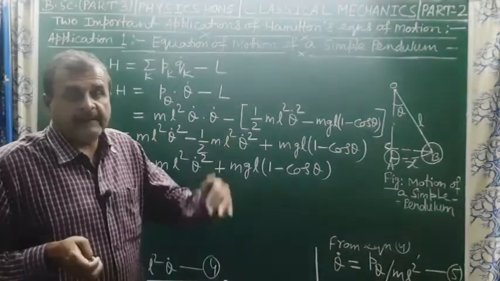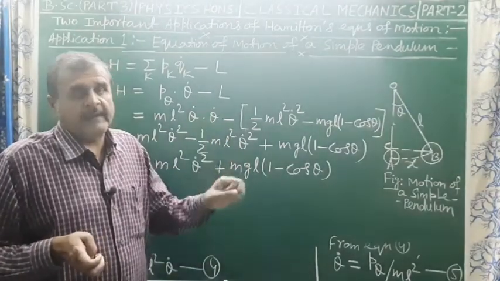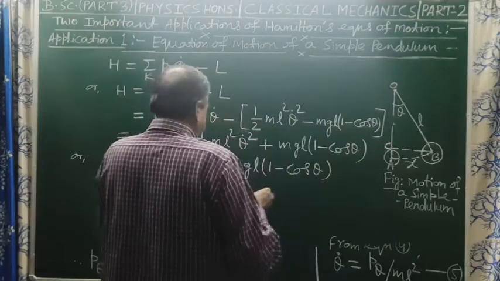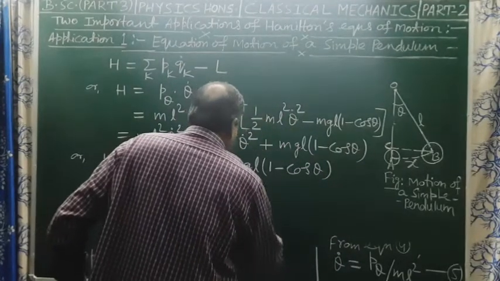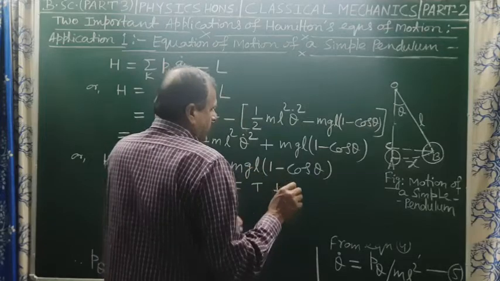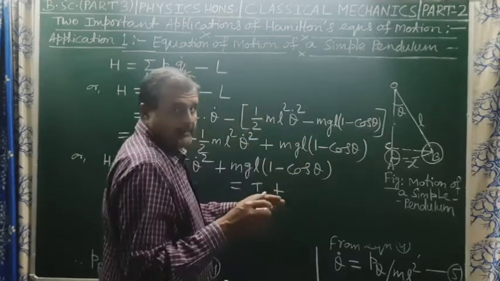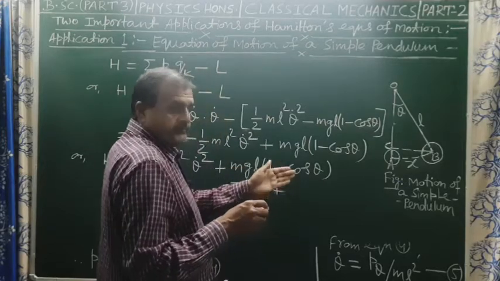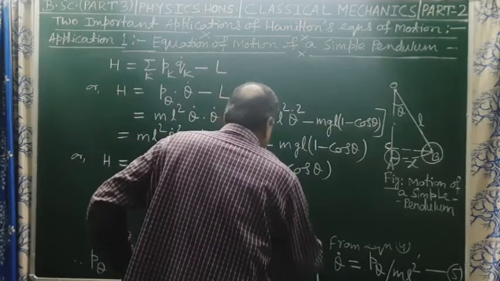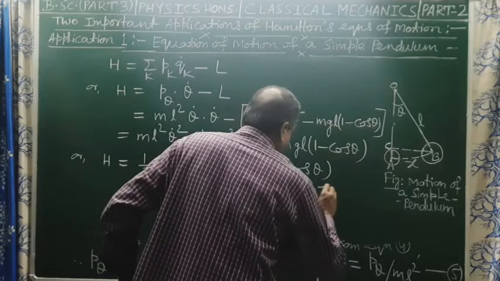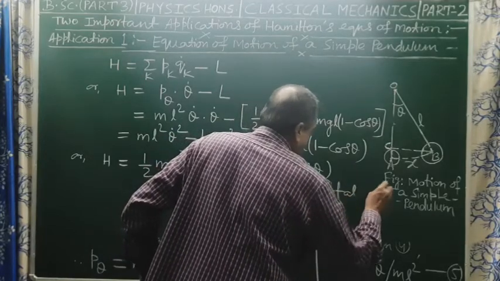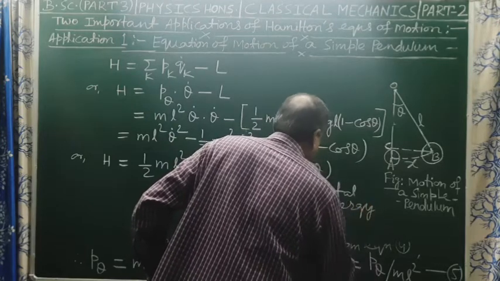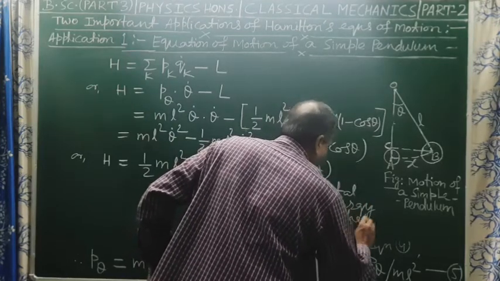The Hamiltonian is the sum of kinetic energy and potential energy. Here the first term is T, and mgl(1 minus cos theta) is the potential energy of the bob of the simple pendulum. So this is T plus V equal to the total energy of the system. This represents the total energy of the bob of the simple pendulum.